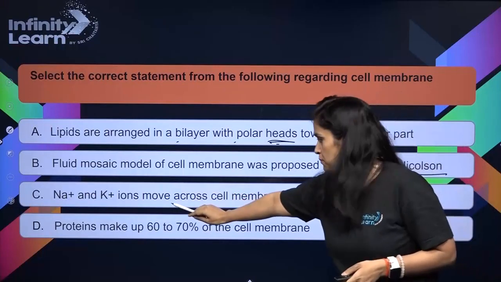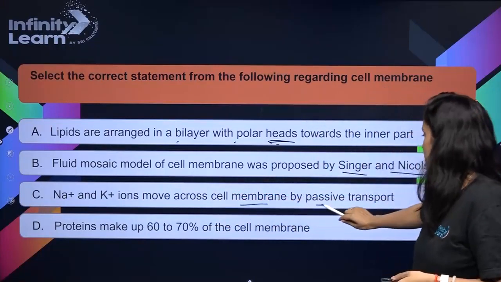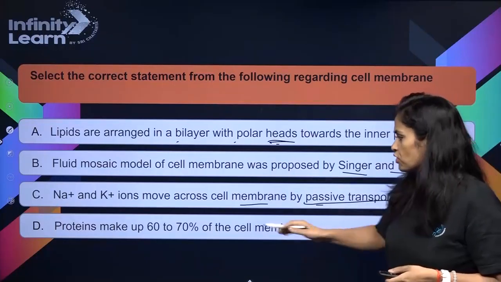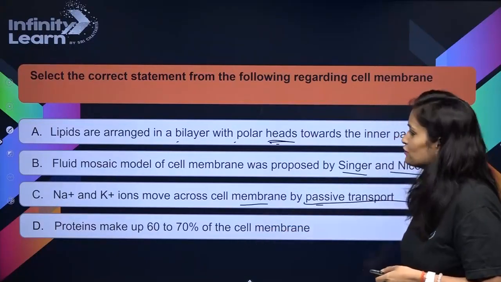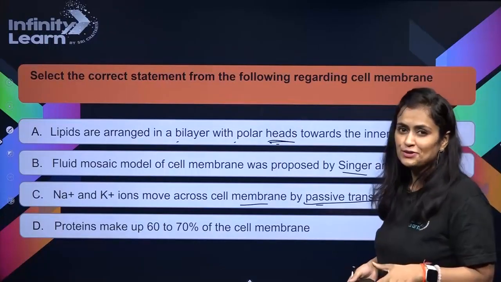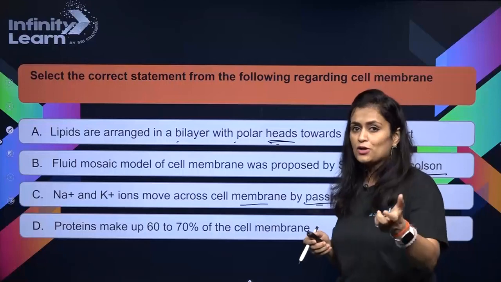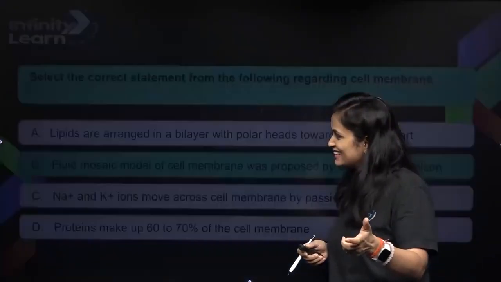Sodium and potassium ions move across the cell membrane by passive transport. Proteins make up 60 to 70% of the cell membrane. Pause the video and answer it in the chat box. Let me see how many of you can actually answer this.